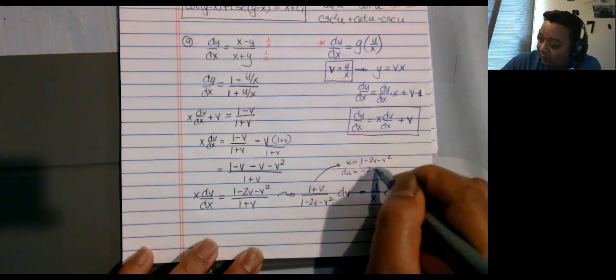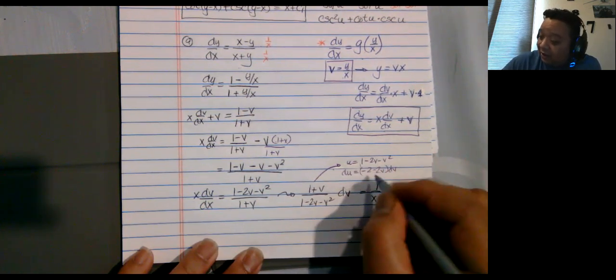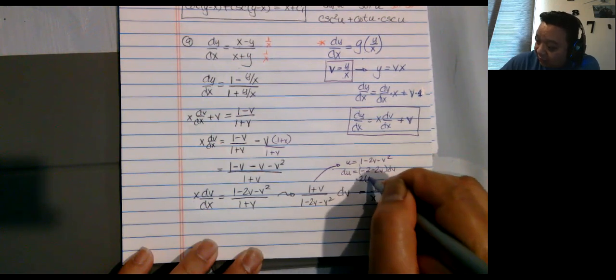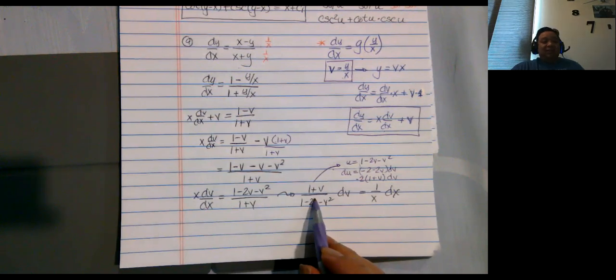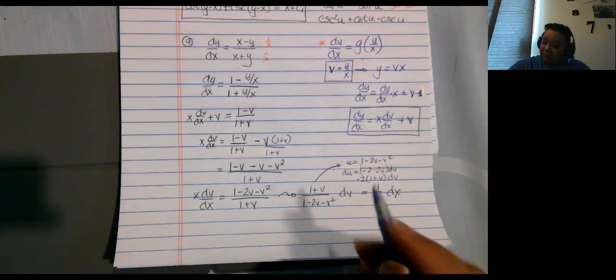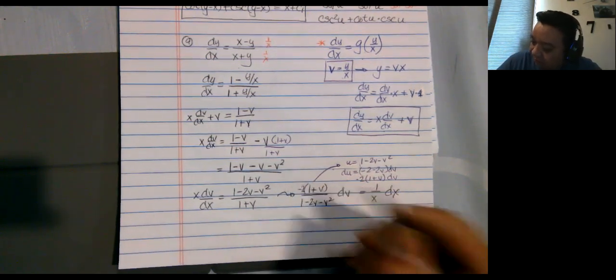Negative 2 minus 2v dv. And if you factor out a negative 2, it's a negative 2, 1 plus v. And I have that. 1 plus v is right there. So it's just missing a negative 2. So you put a negative 2 here, right, on the problem.